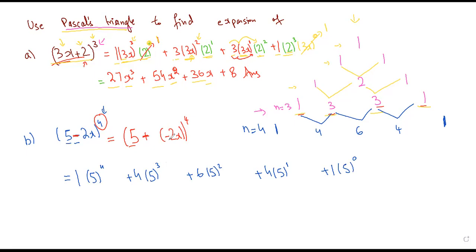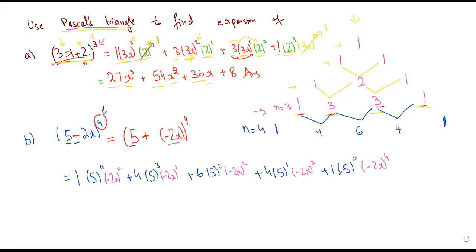Now I'll write down this term: minus 2x to the power 0, minus 2x to the power 1, minus 2x to the power 2, minus 2x to the power 3, and then minus 2x to the power 4.